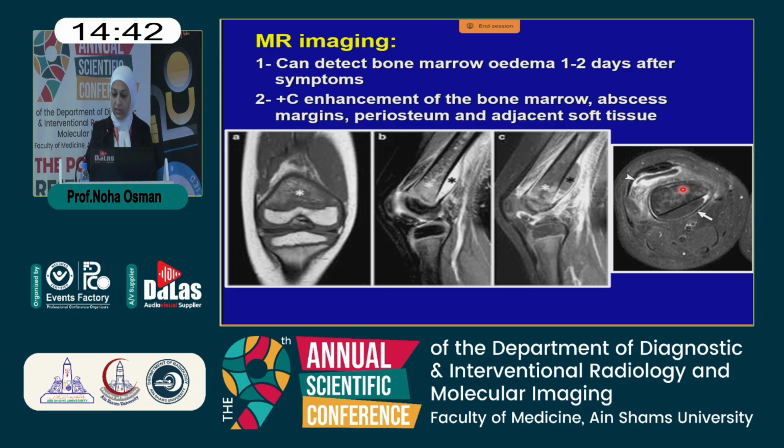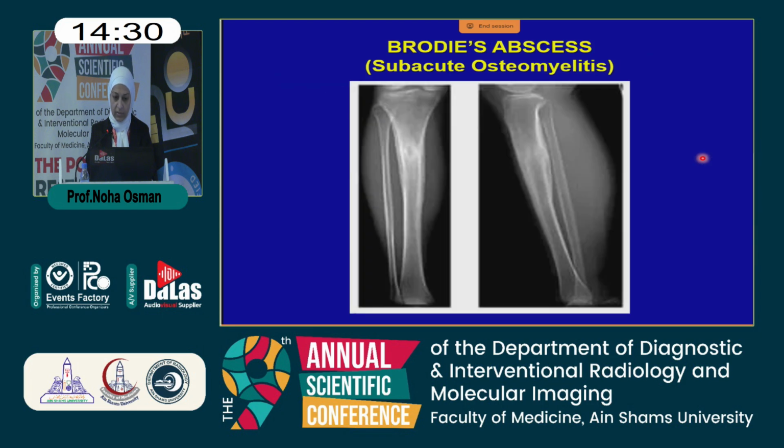And there is, in this case, enhancement and thickening of the nearby synovium of the joint, denoting reactive synovitis or true spread of infection to the joint, meaning septic arthritis.